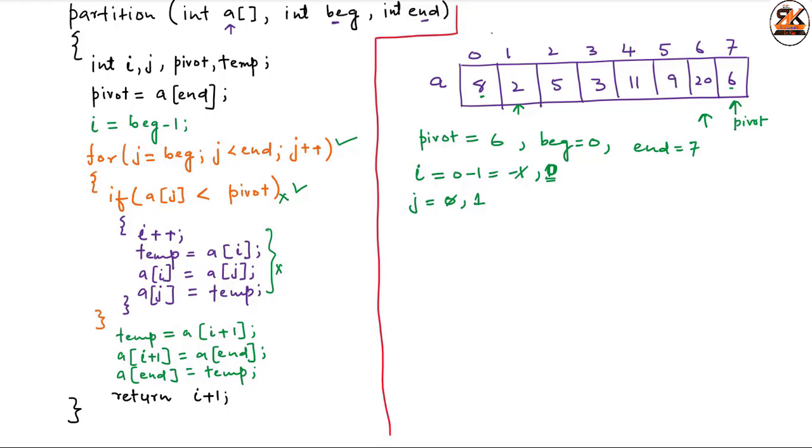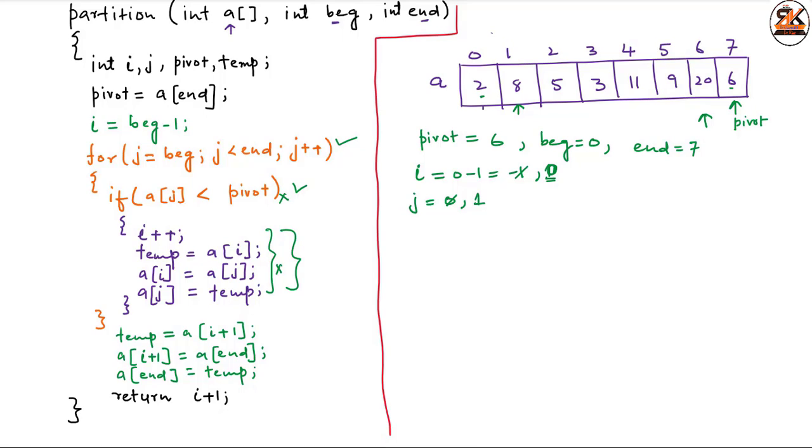Then we exchange the contents pointed to by i and j. Our j is pointing to a of 1 and i is pointing to a of 0. So we have to exchange 2 and 8. After that 2 will come to this place, and 8 will go here.